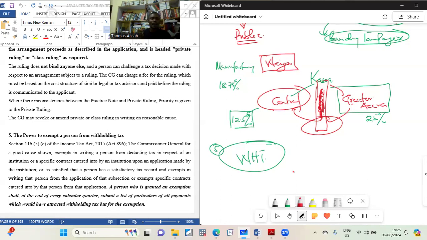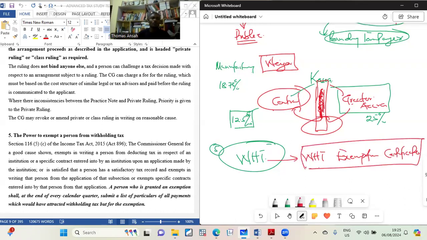But you see, the Commissioner General can say that when you buy from this guy, you can't withhold tax. So he will give them something we call a withholding tax exemption certificate. So that when you are paying them, you cannot withhold tax from them.